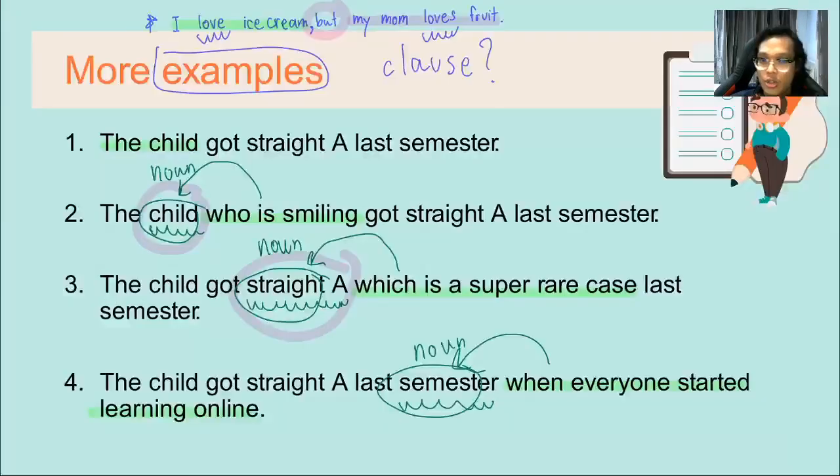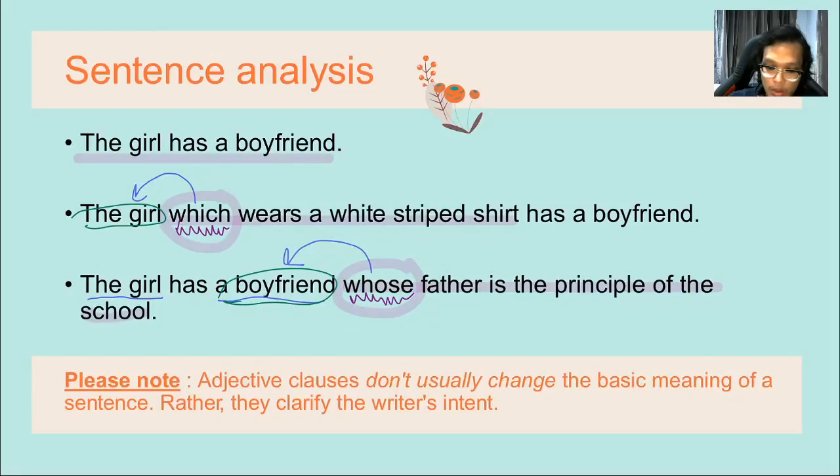You don't have to know the meaning though. You just circle those relative pronouns and then try to highlight all the adjective clauses as we did earlier, and then if you may, draw a line or an arrow that indicates the word that those adjective clauses modify.